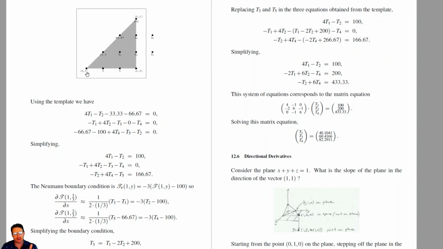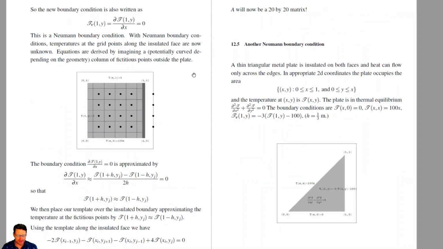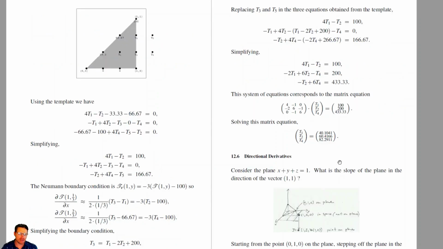But you can see along those boundaries where we had equations that we could just sub in the x and the y values into and find the temperatures. I've labeled those 0, 0. So 0 down the bottom, and then we've got 33.3, 66.67, and 100. All right, but that comes from the equation T(x, x) equals 100x. So I'm just supplying in the x values and obtaining those temperatures along there.